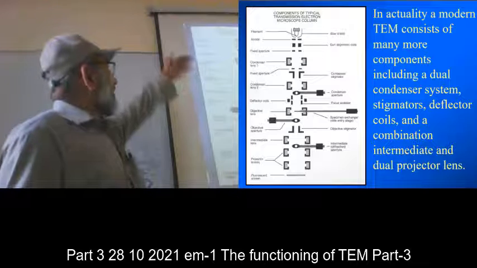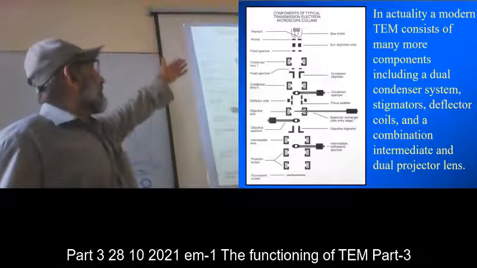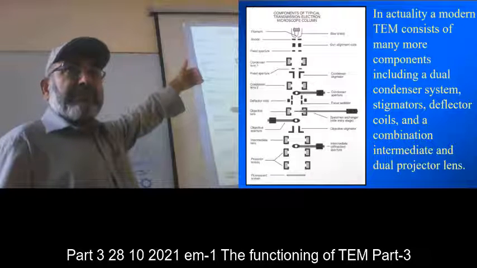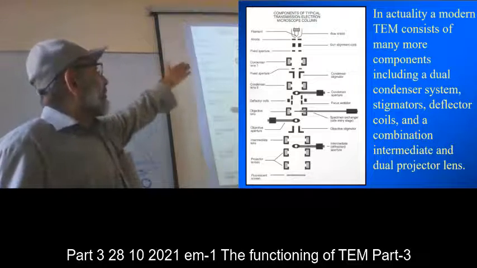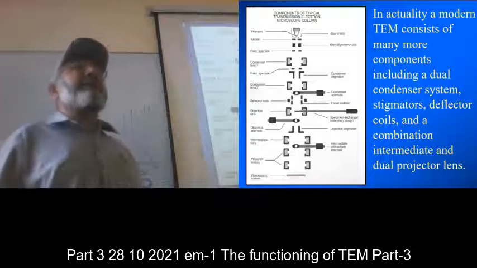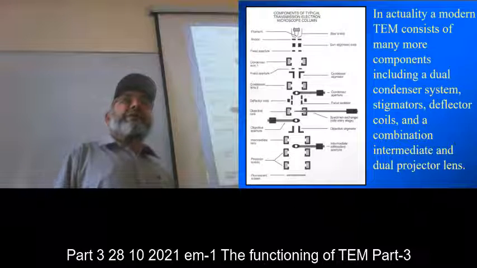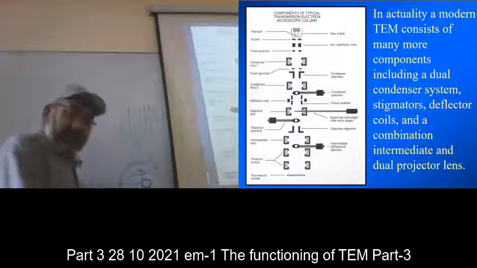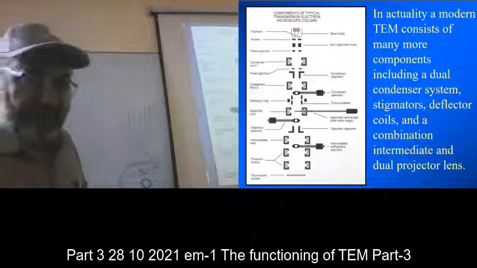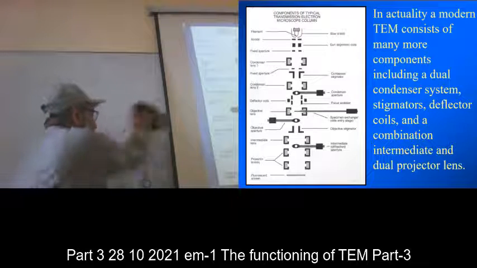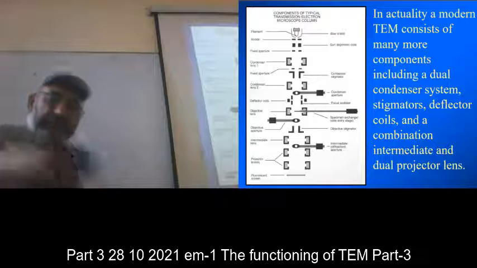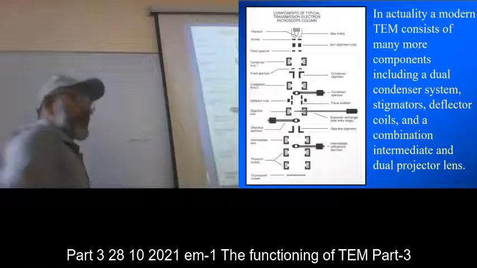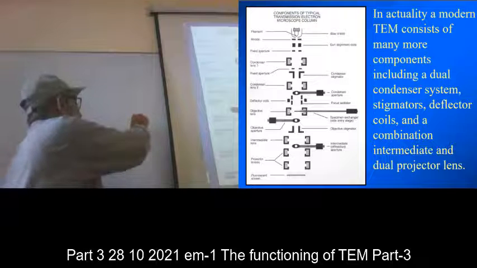So here you see again the electron gun, then an anode which pulls the electrons onto the column of the microscope. Then you have the gun alignment coils. If you remember, in the electron gun, I showed you some pictures like this, that the gun aperture is here and the alignment is here.